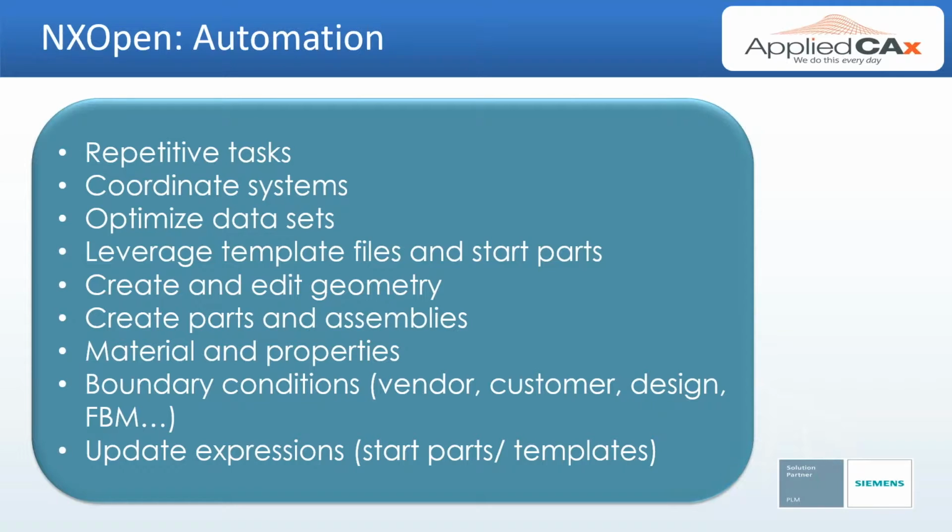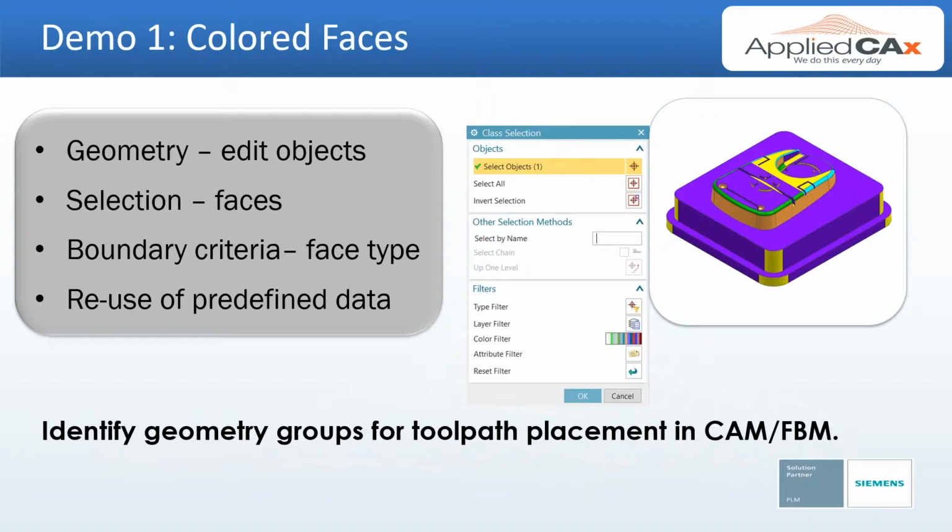You can apply boundary conditions and limitations to data sets using NXOpen, whether that's from a vendor, design specifications and limitations, or if you're identifying features to take advantage of feature-based machining in NX CAM. And as well, you can update expressions, which allows you to get more out of your start parts and your template files.